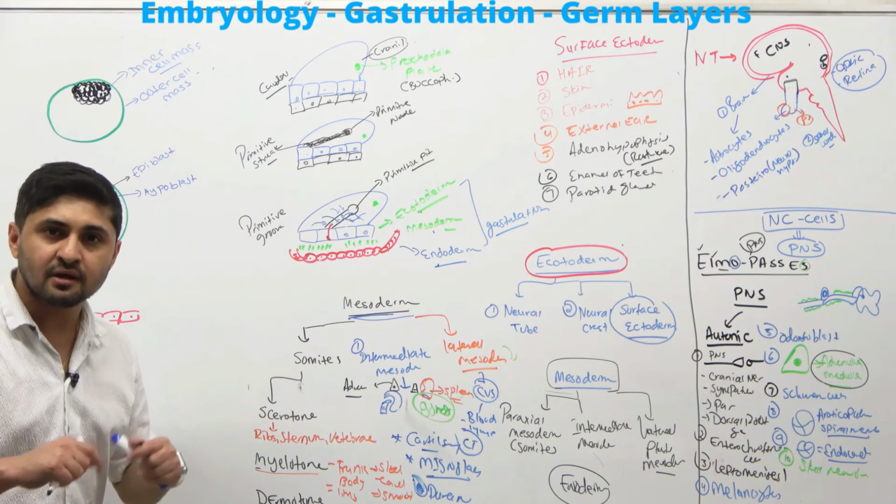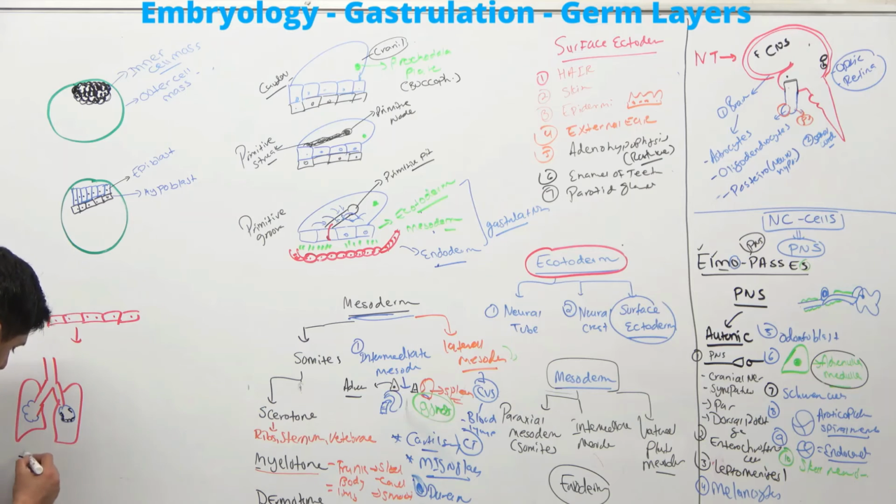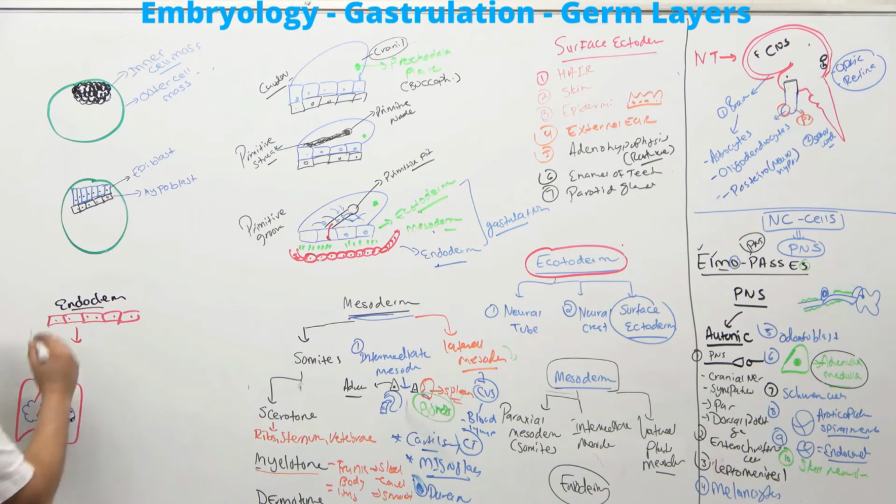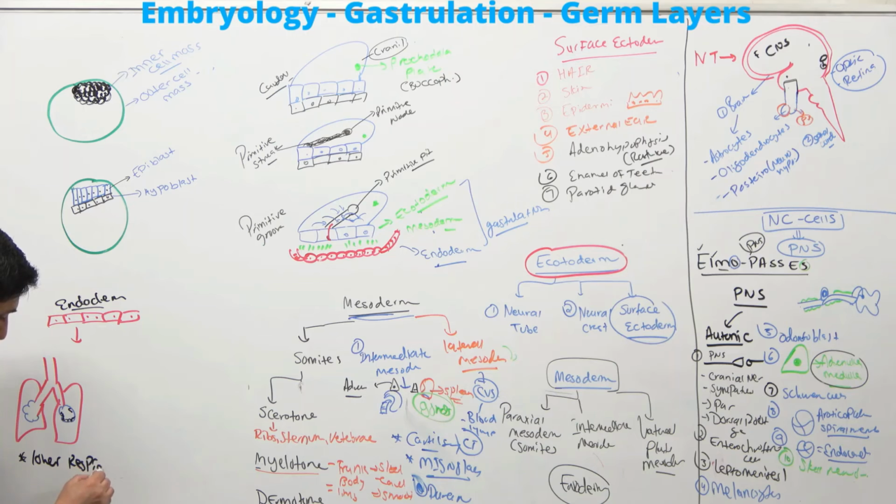They're lined with this epithelium. Where are those coming from? Endoderm. So the lining of the epithelium gives rise to the lower respiratory tract, for example type 1 and type 2 pneumocytes.